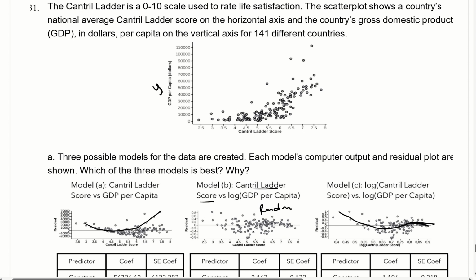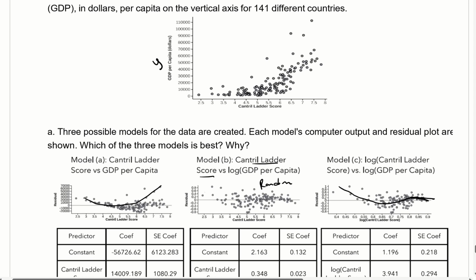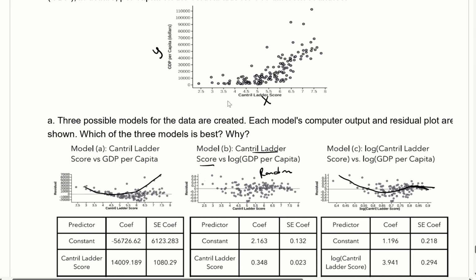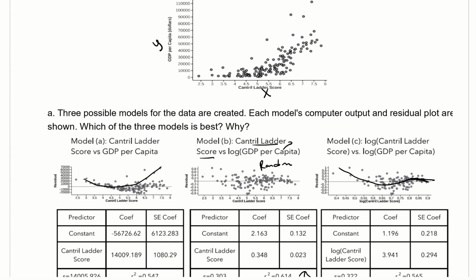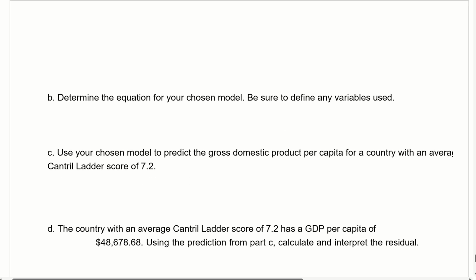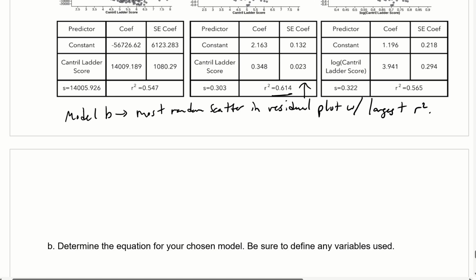Remember, GDP per capita is Y, and Cantril ladder score is X. Okay, so they did the Cantril ladder score, which is X, and then the GDP per capita is, okay, so this is log of y, and this is x, okay? So in that case, this is my a, this is my b.